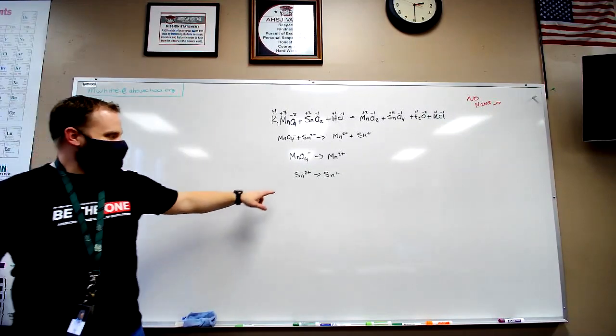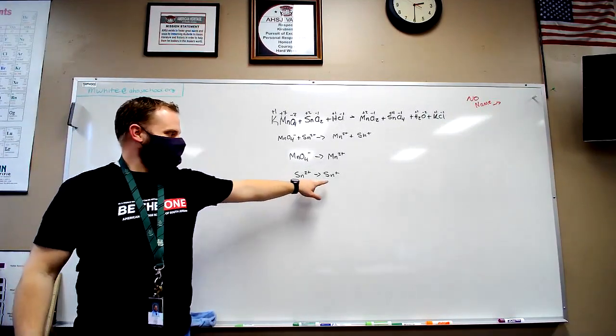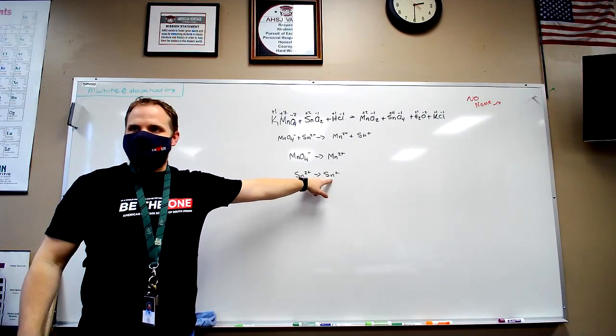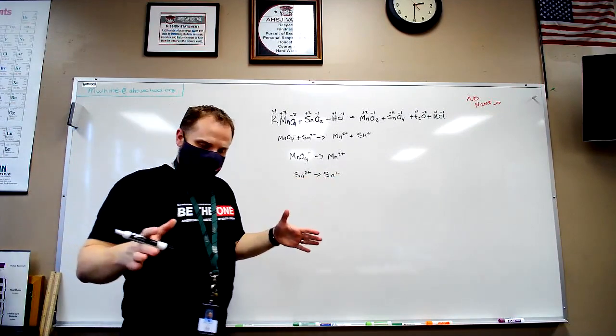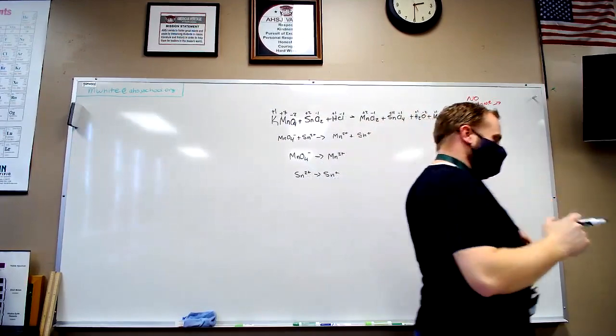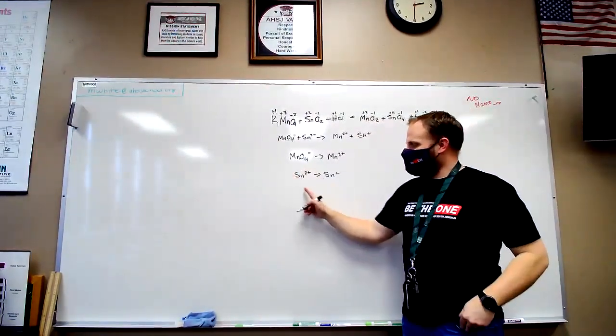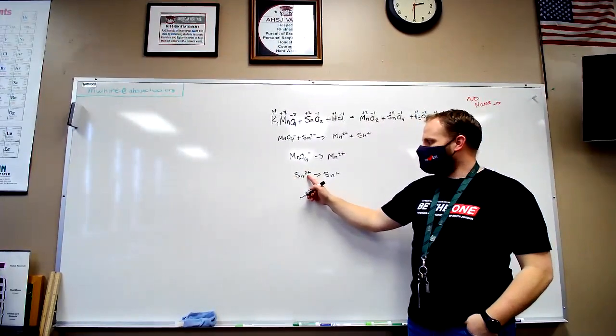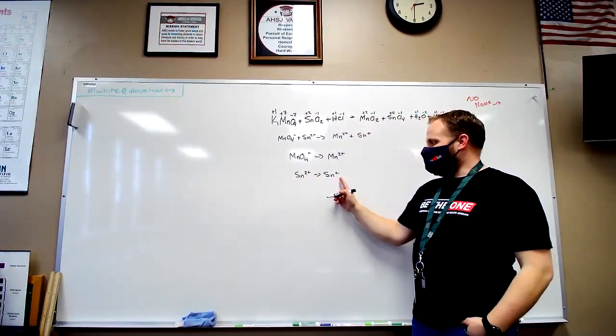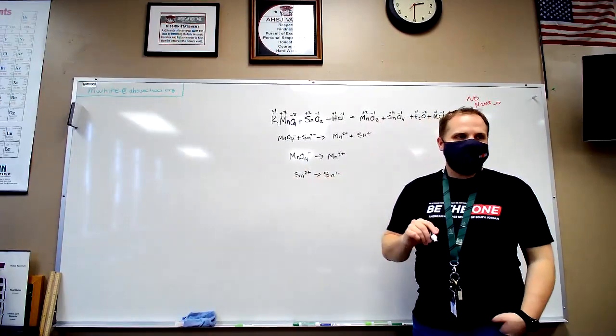So we look and we say, okay, we have 1 tin, 1 atom of tin. So that is good. We don't need to change how many atoms we have. But the total charge on this side, +2, total charge on this side is only +1.